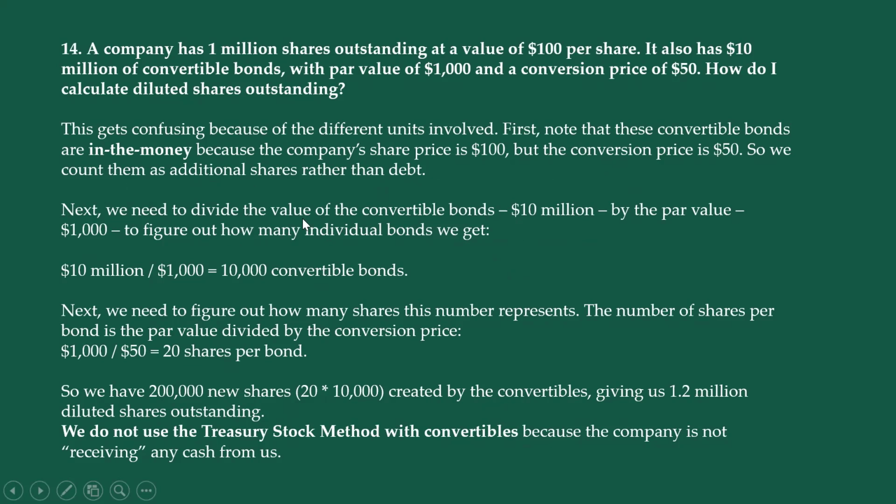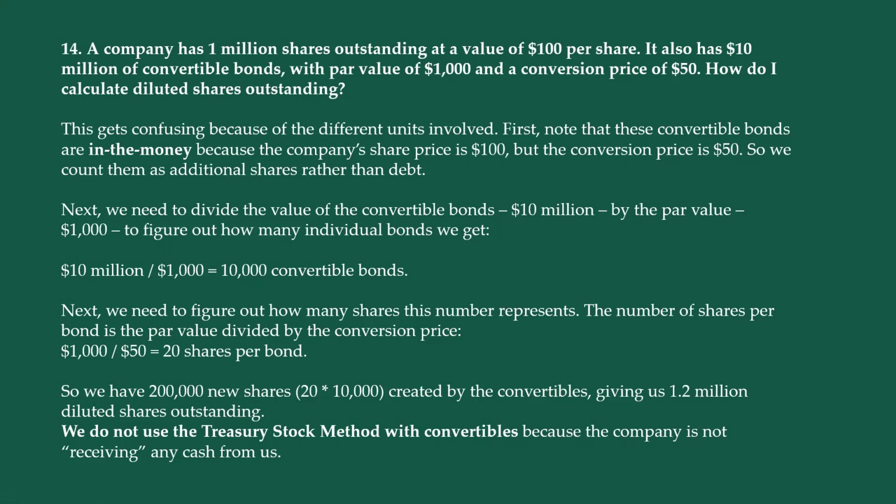We actually need to find the number of shares, because number of shares is not mentioned. It's mentioned that there are 10 million of convertible bonds, and the par value per bond. If I divide 10 million by 1,000, I will receive 10,000 bonds, and the conversion price per bond is 50.